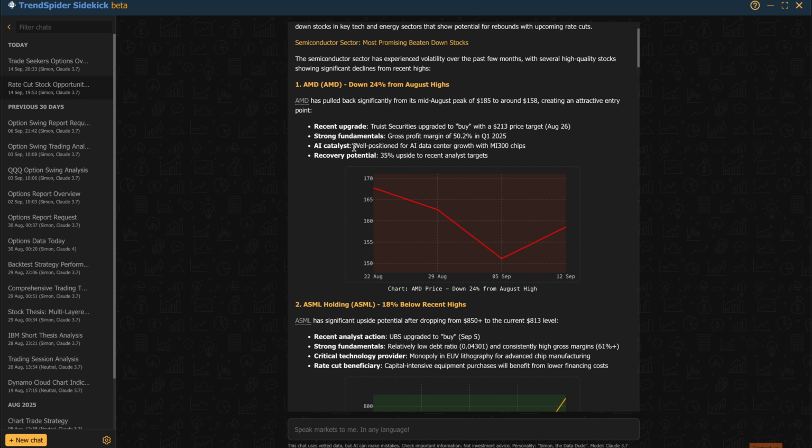It does pull this out, and it gives you some reasons for it. Gross profit margin, 50% Q1. Looks like they've got some chip names pulled out here. I'm going to get off on a tangent. I'm trying not to, but Sidekick, this is a perfect example of the power of the marriage of tech LLM stuff with the charts and all of the data.